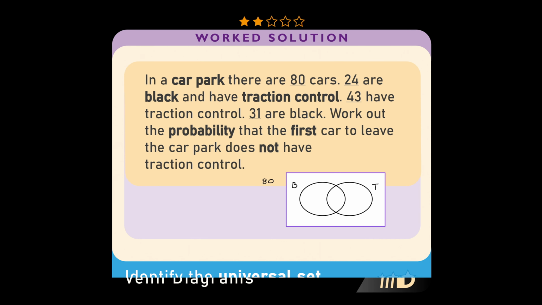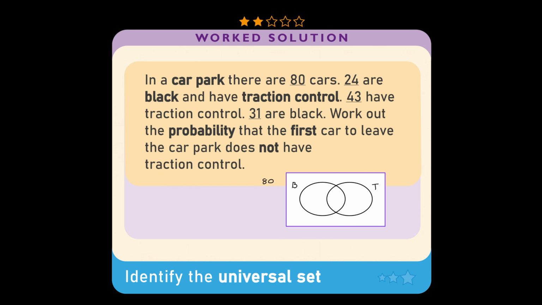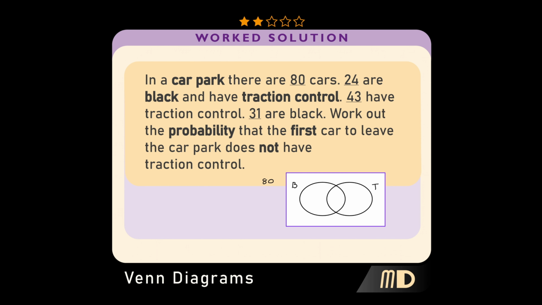The question tells us that 24 cars are black and have traction control. So the region where the circles overlap is 24. The question also tells us that there are 43 cars with traction control.